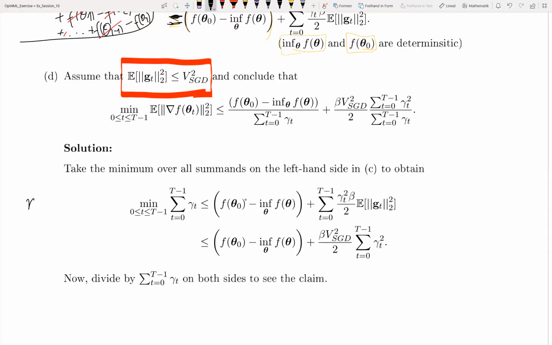So this should be the minimum of the expected value of the squared norm of the gradient of f at theta t, and then the minimum here.